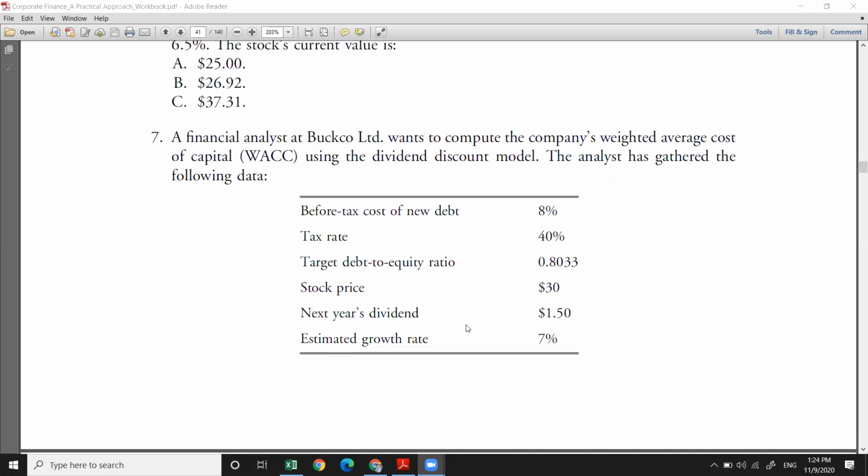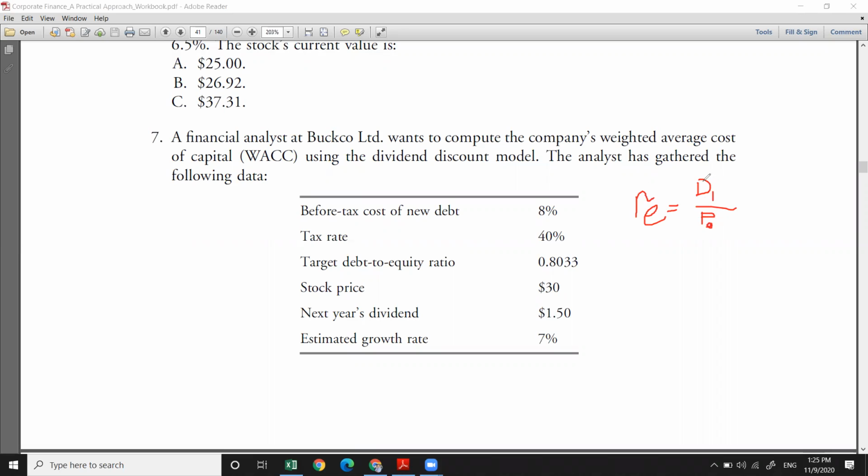So to find the cost of equity is the same thing that we did in the previous question: rate of equity is equal to D1 divided by price 0, plus g.